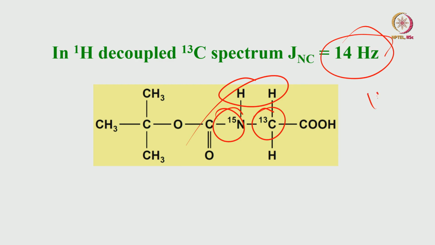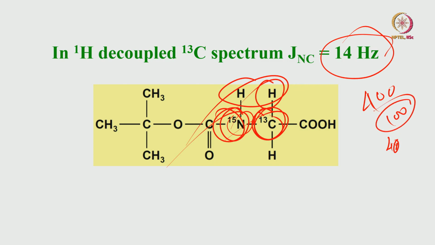In a 400 megahertz spectrometer, carbon is 100 megahertz, and nitrogen 15 resonates at 40 megahertz, because gamma is 10 times smaller. I told you the gamma of nitrogen is 10 times smaller compared to proton, and carbon 13 gamma is 4 times smaller compared to proton.